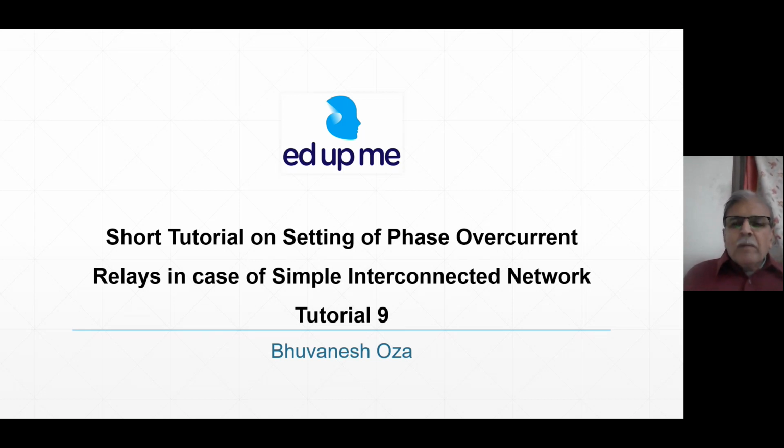So there will be many relays, and how to coordinate the relay settings in such a case. How to grade the relays so that they operate as fast as possible, and yet adequate protection is given to all equipment, transmission lines, transformers, etc. of the power system network. And that is going to be a little difficult exercise.